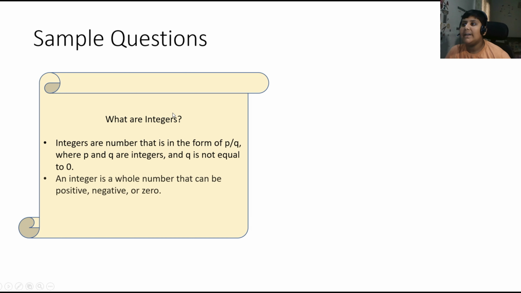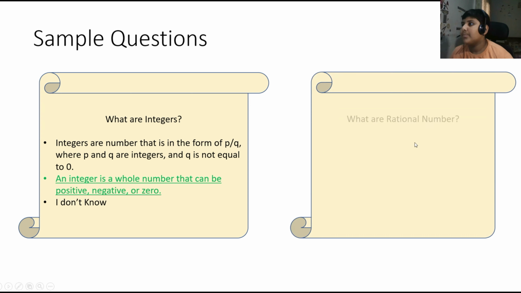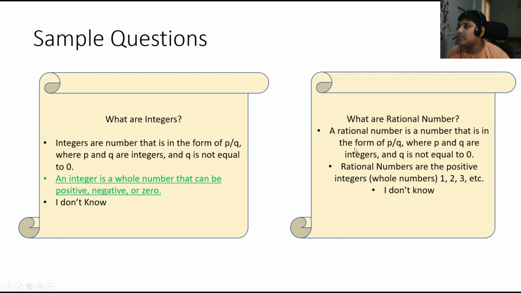What are integers? The answer is B. An integer is a whole number that can be positive, negative, or 0. What is a rational number?